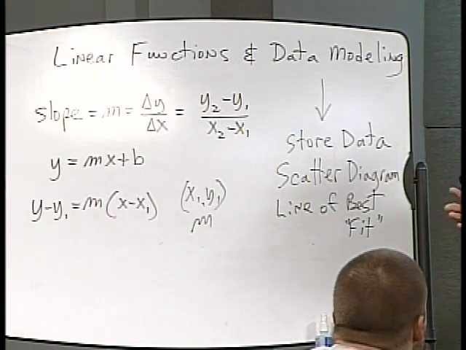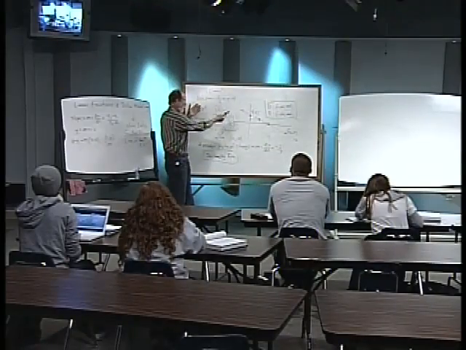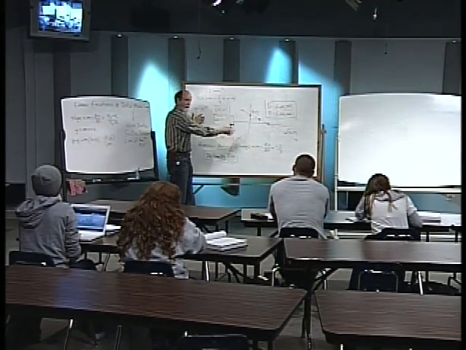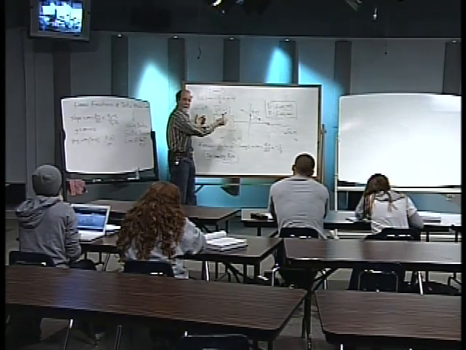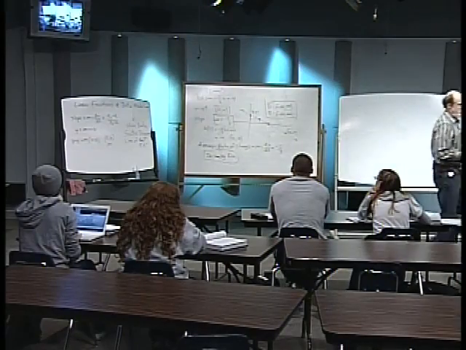Once you have the line of best fit, you can then answer all of the kinds of questions that we're asking in this basic problem here. Okay, so back to the book.